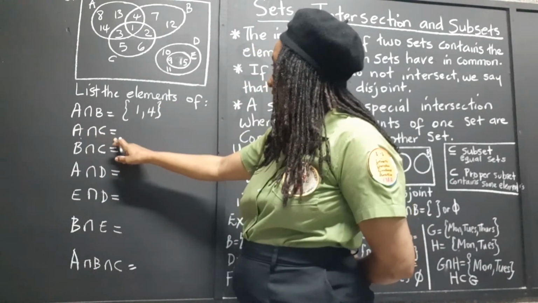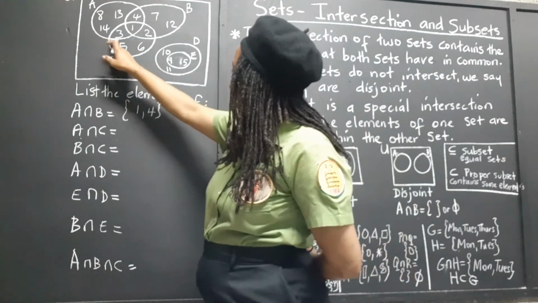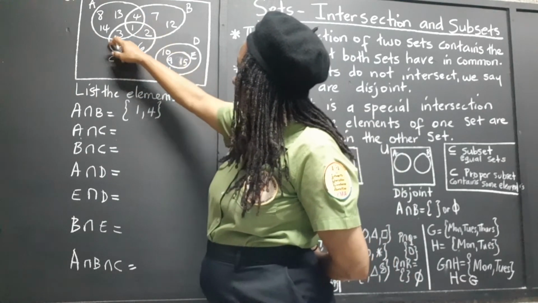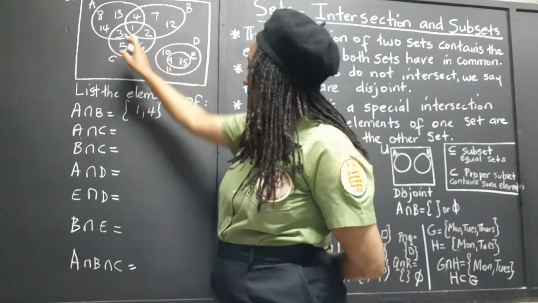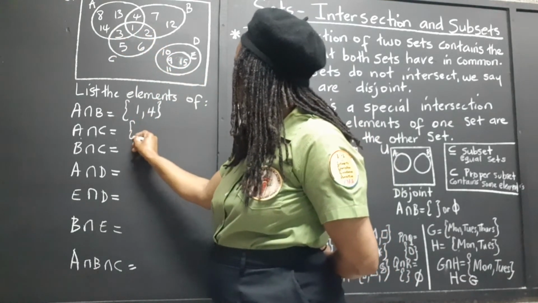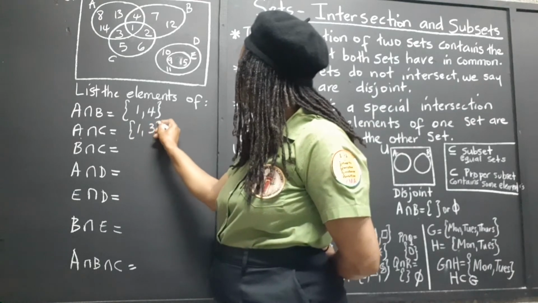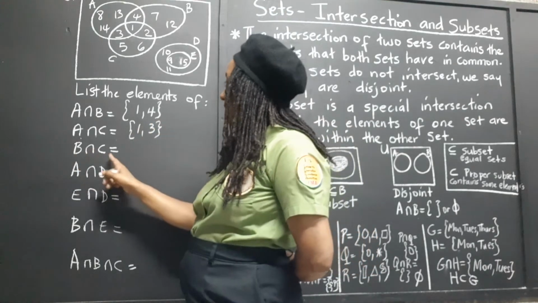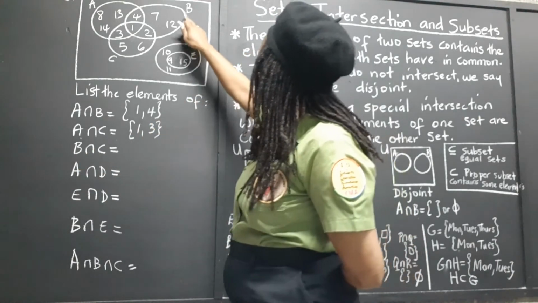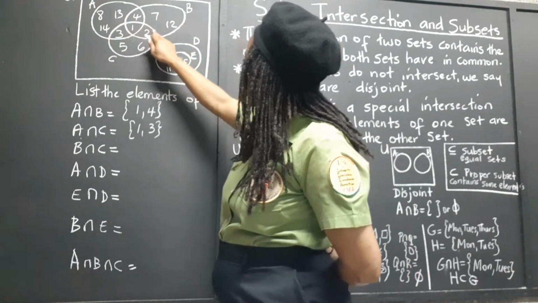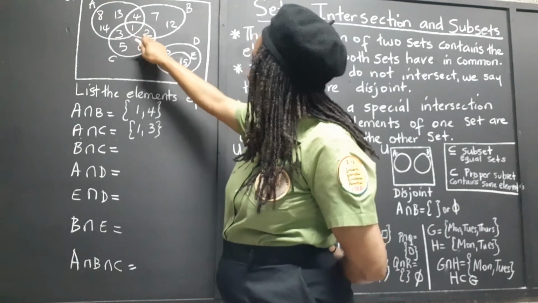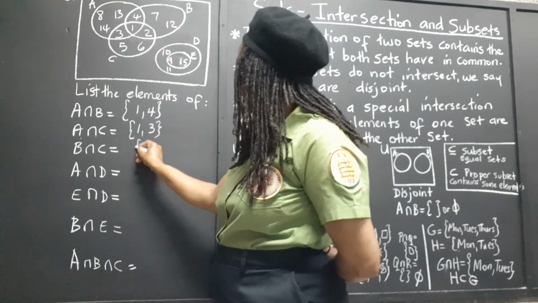A intersect C, where set A overlaps with set C, we see that the 1 and the 3 are common. B intersect C. This is set B, and this is where it crosses set C. So the 1 and the 2 are common to B and C.